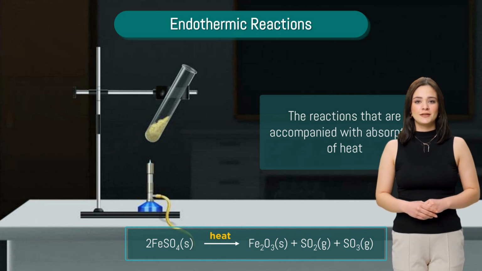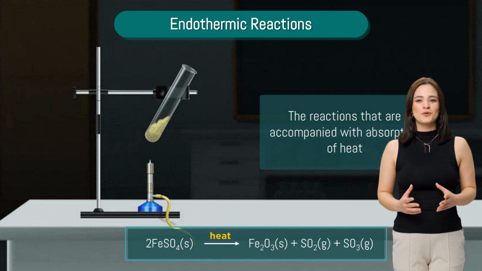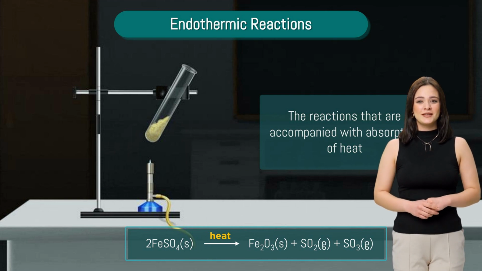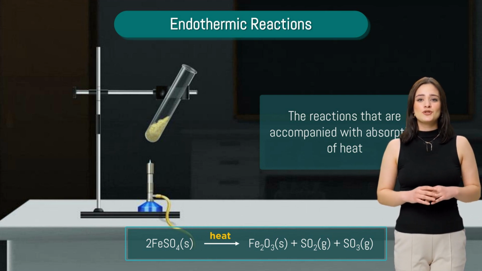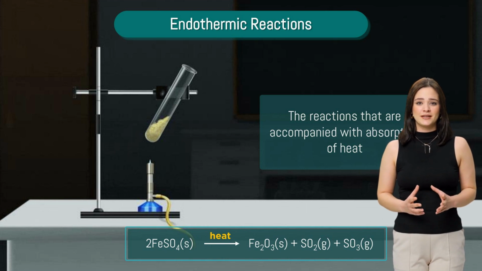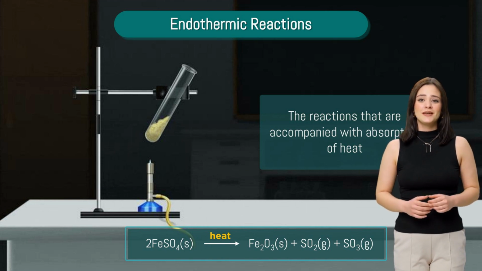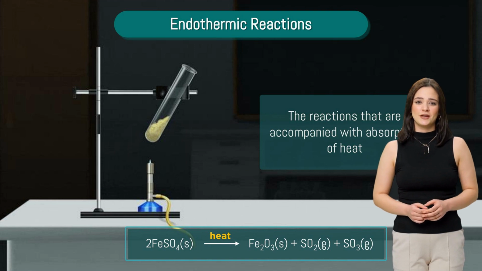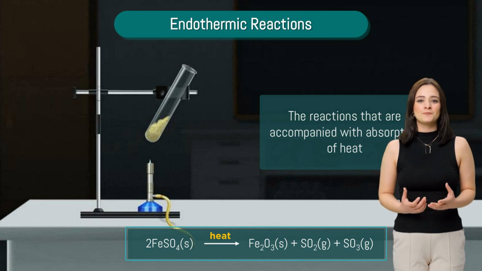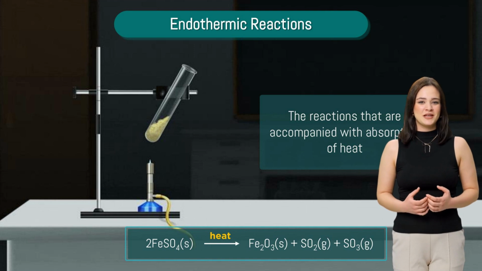As you can see, the reactant is heated over a flame, driving the formation of ferric oxide, Fe2O3, and the gases sulfur dioxide, SO2, and sulfur trioxide, SO3. The placement of the word heat over the reaction arrow signifies that energy must be continually supplied for the reaction to proceed.